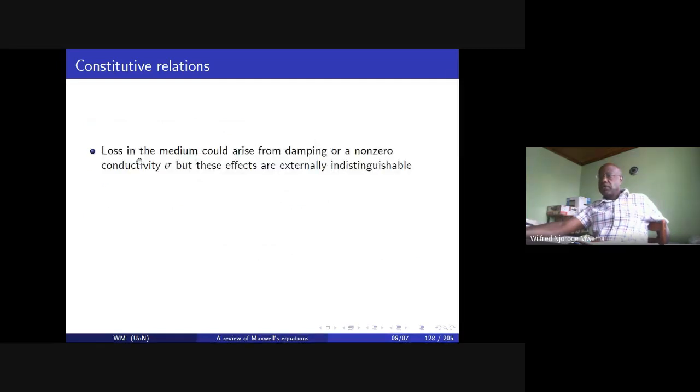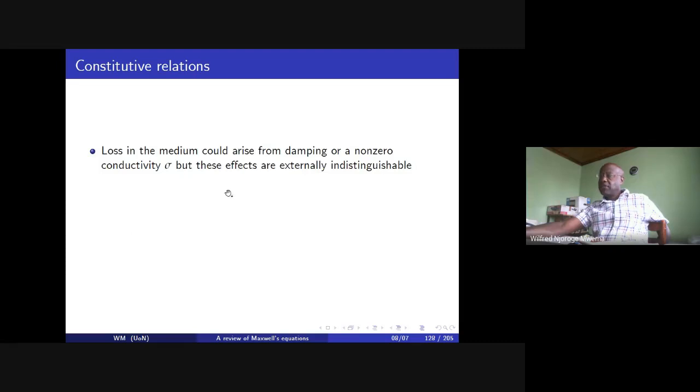So this loss in the medium could arise from the damping or the non-zero conductivity of the material. But the effects, as far as we are concerned, are just like in the microwave oven, where we use this principle, that is, we are polarizing the food and using the damping forces to do the heating.